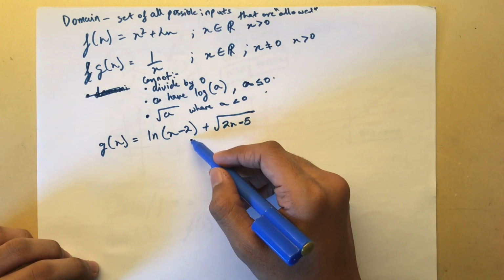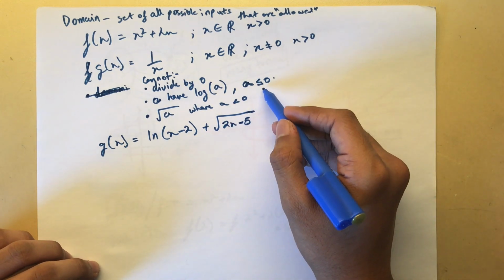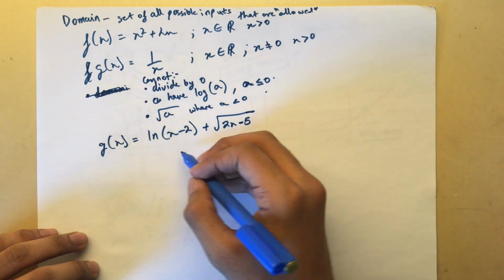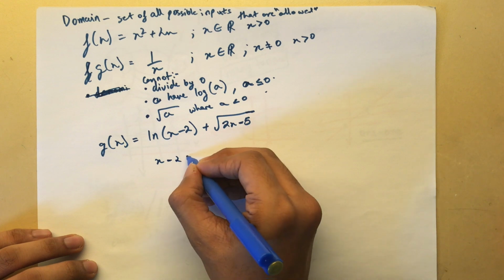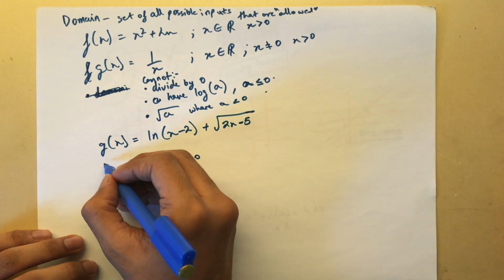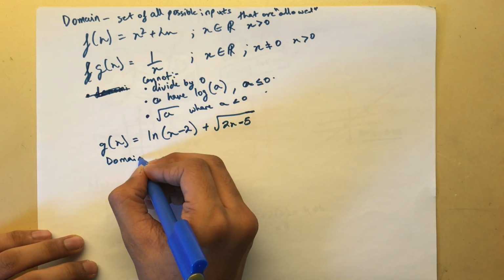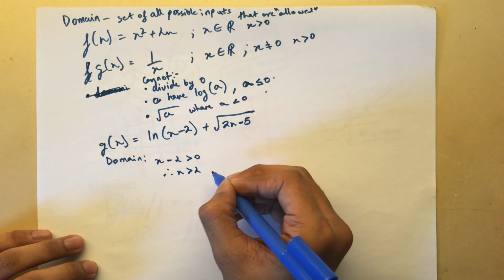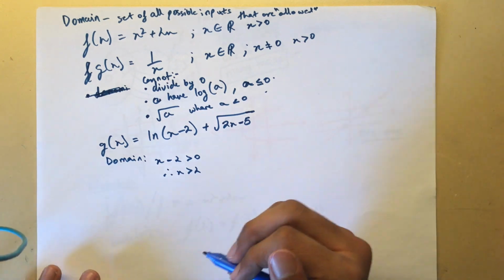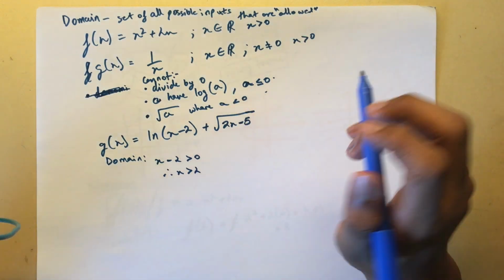So we have a log over here, and we need to make sure that what is inside the log is greater than 0. Inside of the log, we have x minus 2. So x minus 2 would have to be greater than 0 to find the domain. Therefore x would have to be greater than 2, as anything where x is below 2 would give us an error, so to say.